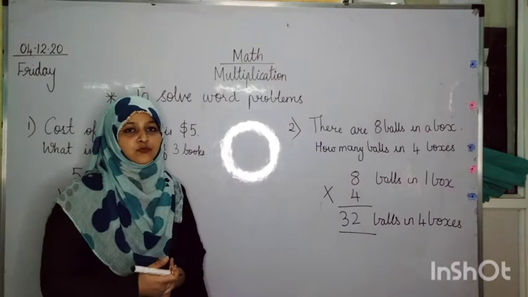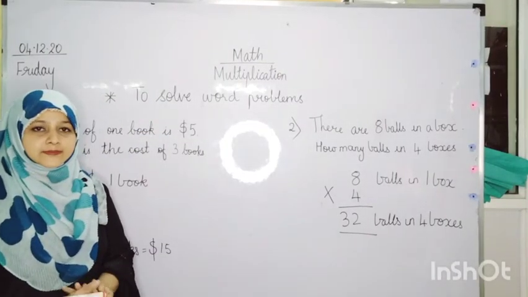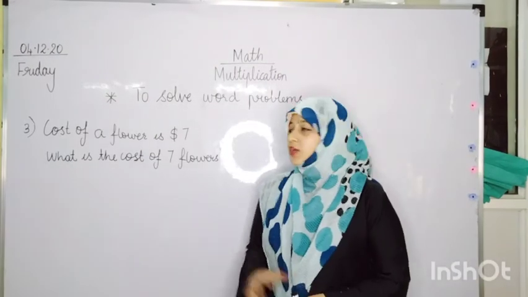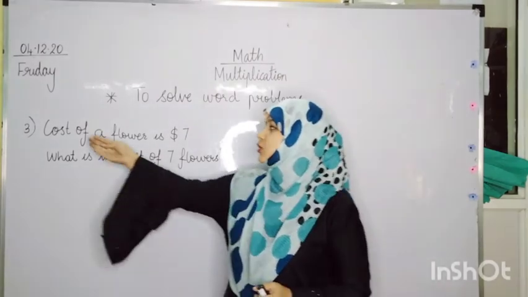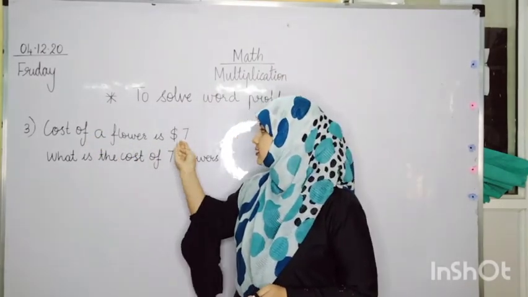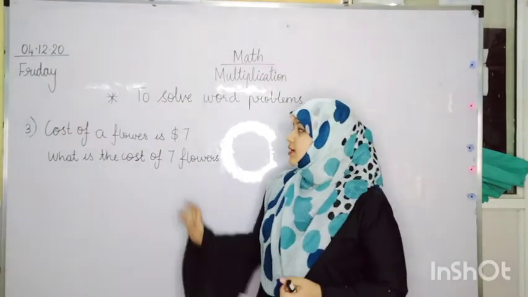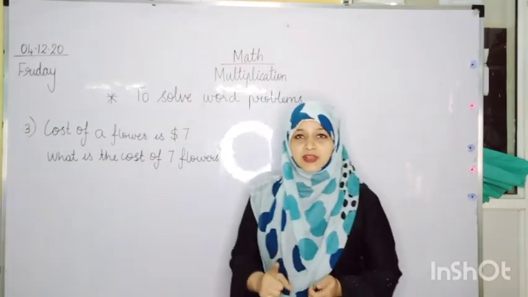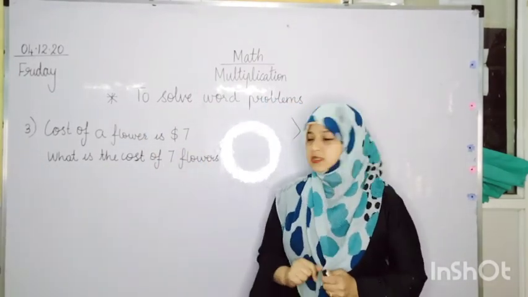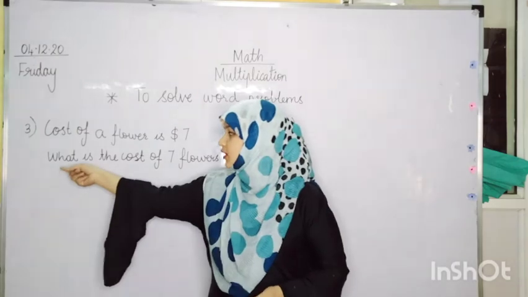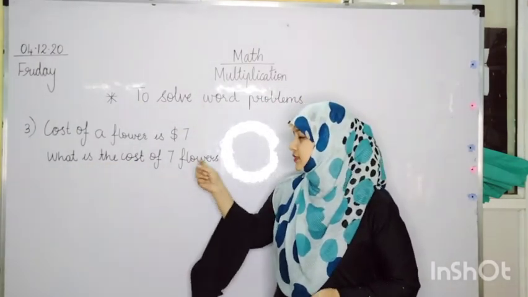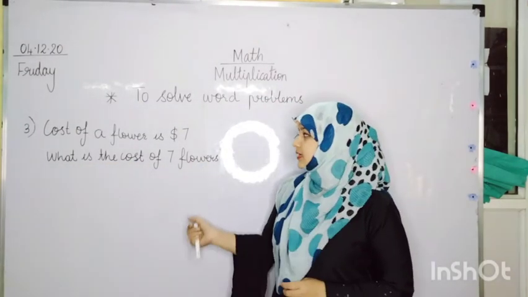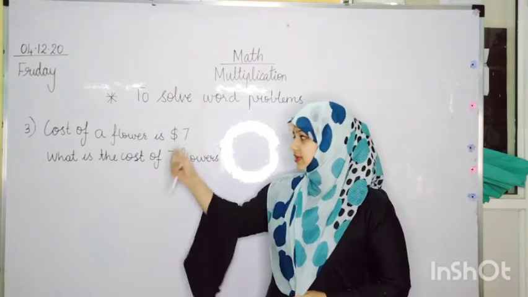Now let's move forward to our next example. So this problem says the cost of a flower is $7. From this we come to know that one flower will cost us $7. Then we have to find out what is the cost of 7 flowers.